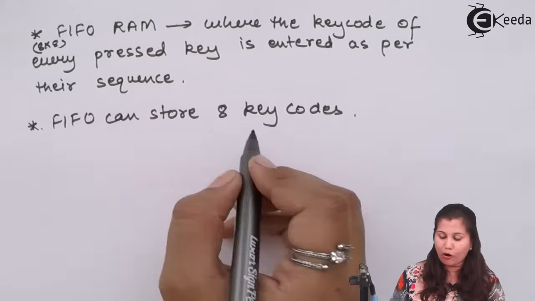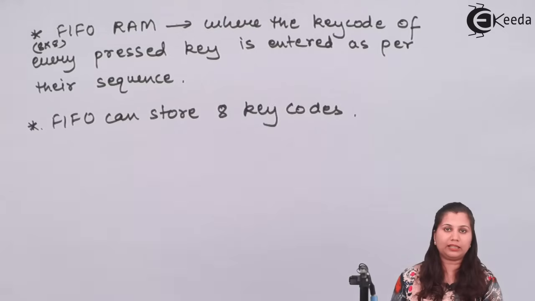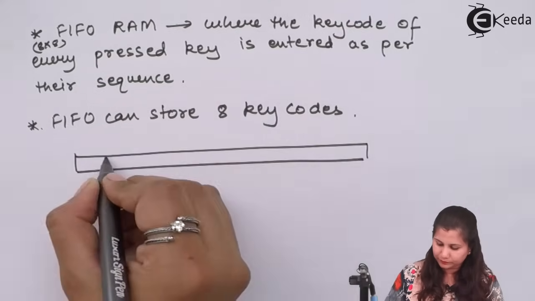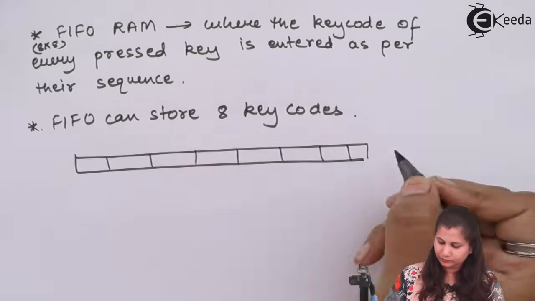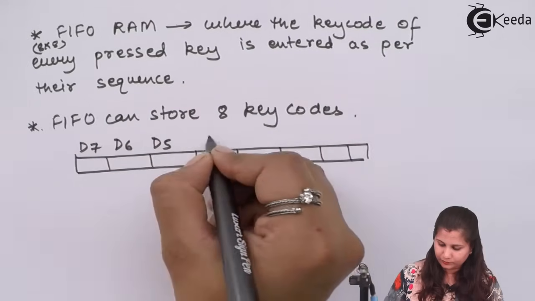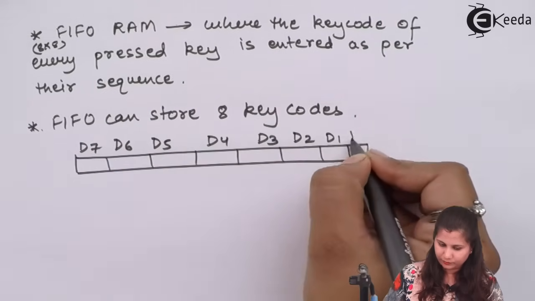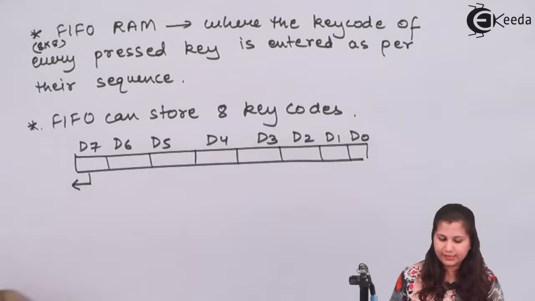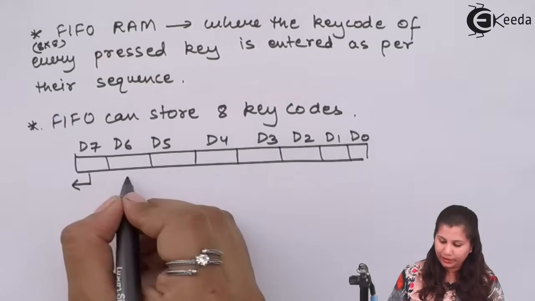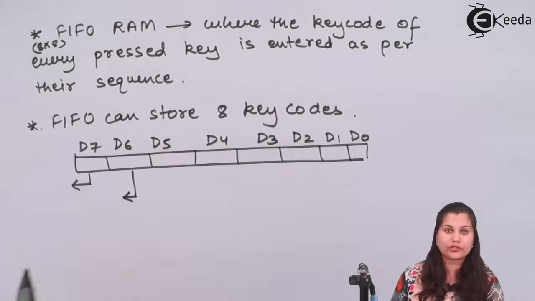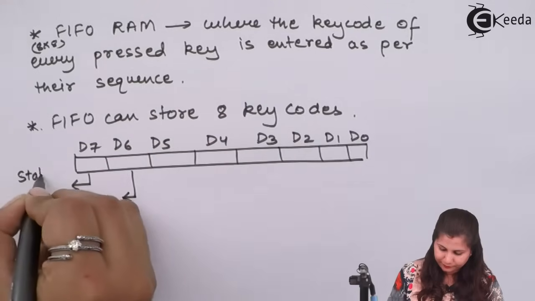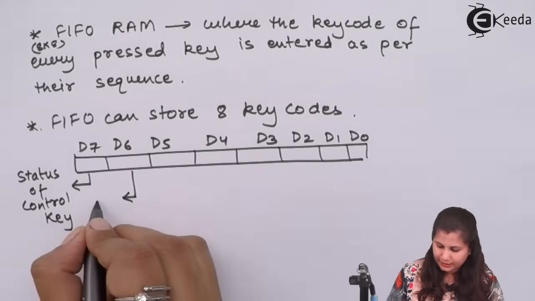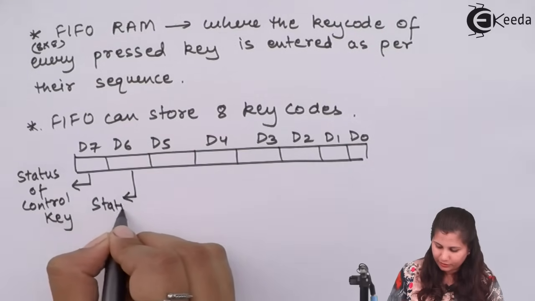If we see the format of this 8-bit word, D7 is the status of the control key. D6 is the status of the shift key.